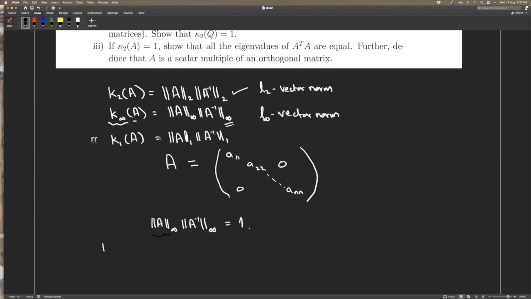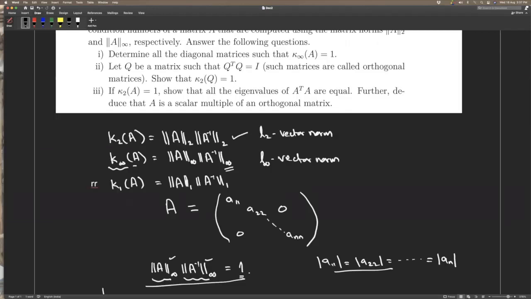Now you know the formula for this, and similarly you know the formula for this. From here you can see what kind of a_ii will give you this. These are precisely a11 should be equal to a22, everybody should be equal. So once you write the formula for these norms, you will immediately get this condition. I'll leave it to you to complete this.